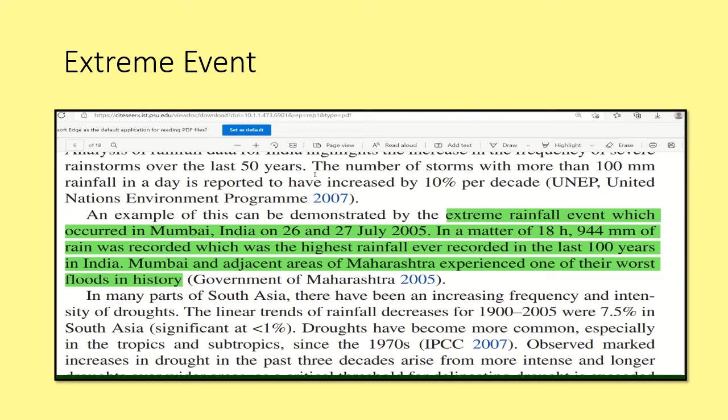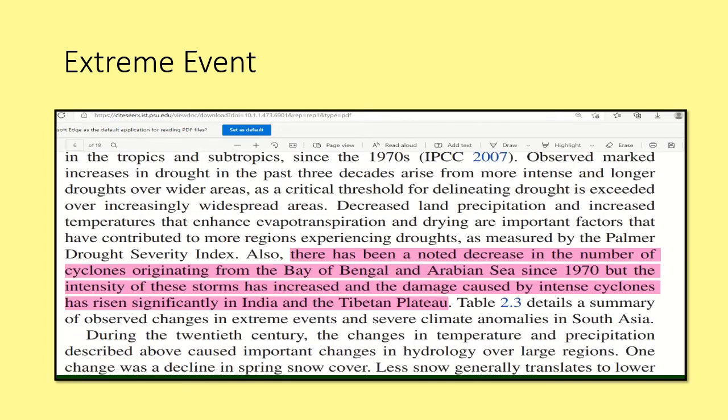That was the highest rainfall ever recorded in the last century in India. Mumbai and the adjacent areas of Maharashtra experienced one of their worst floods in history. So, extreme climatic events increase day by day in South Asia.